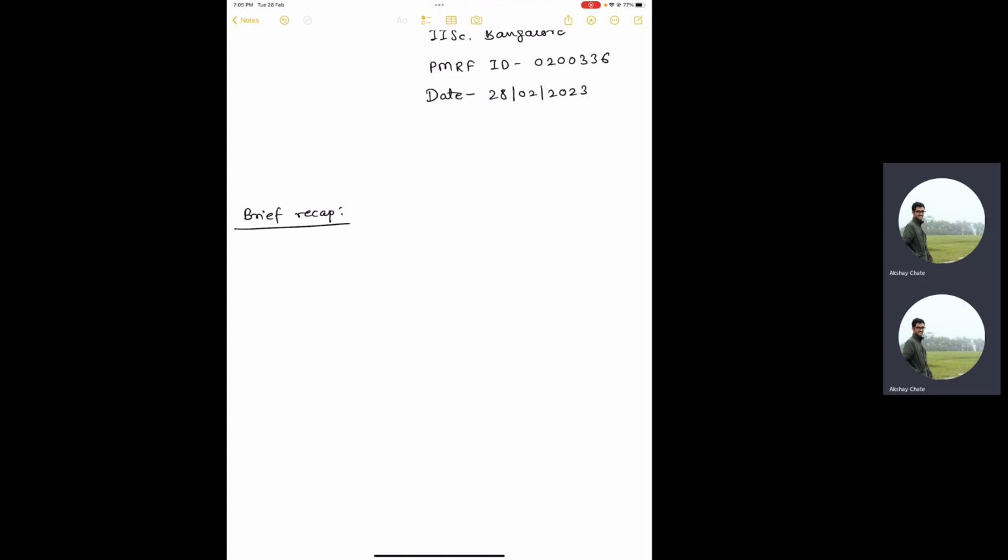For deciding the location of the plant, there are many methods, but 5 are important ones, and two of them, factor rating method and point rating method, were discussed in the last class.